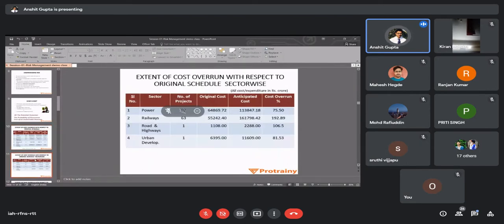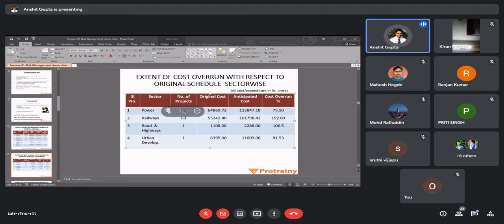Again, I am now changing the slide. Yeah, see, in some of the projects, this cost overrun was so high that you will be actually shocked at what we are doing as civil engineers in our country. In the power sector, there were 2 projects whose original cost was this much, whose anticipated cost became this much. There was 75.5% cost overrun.